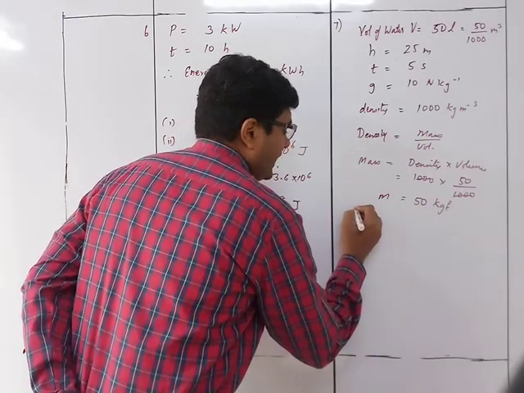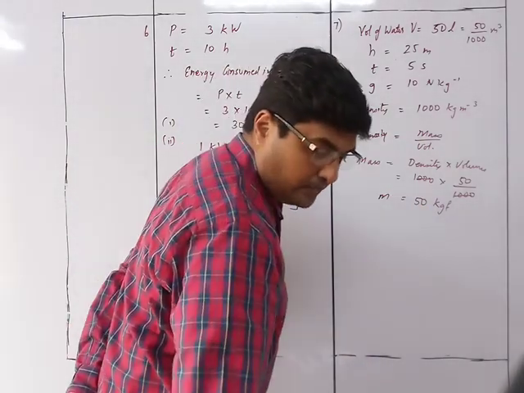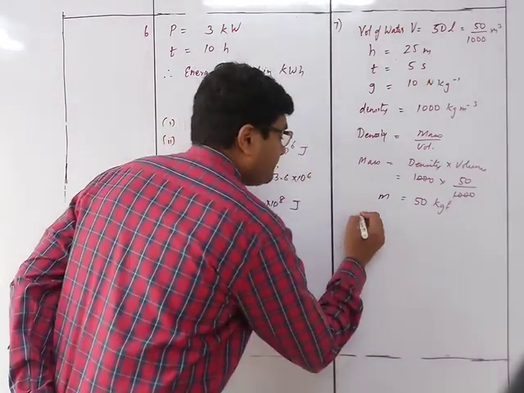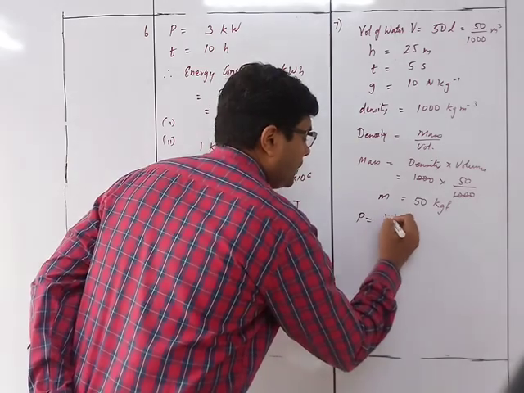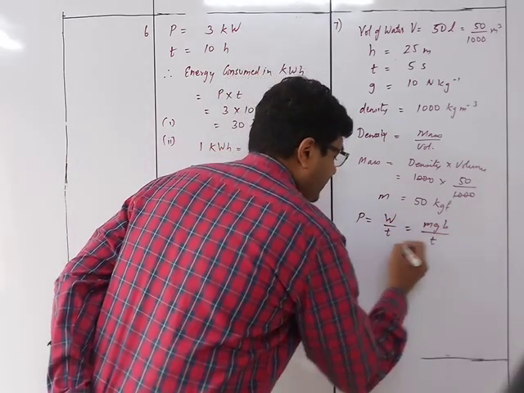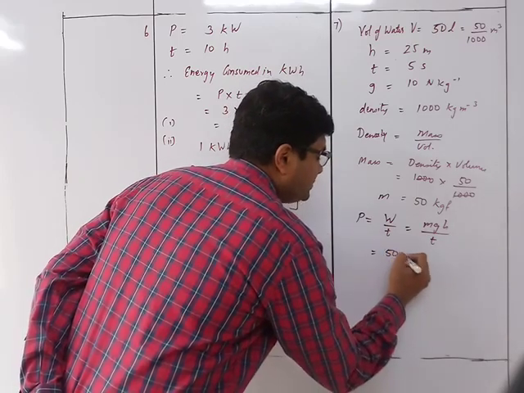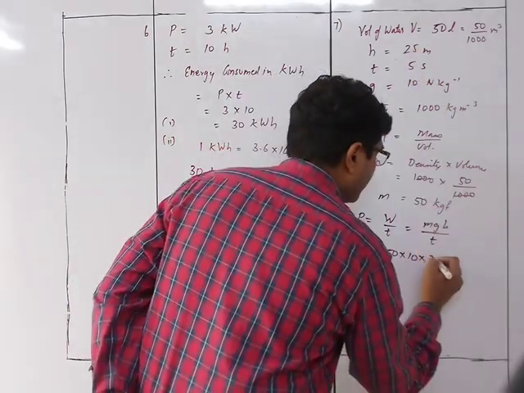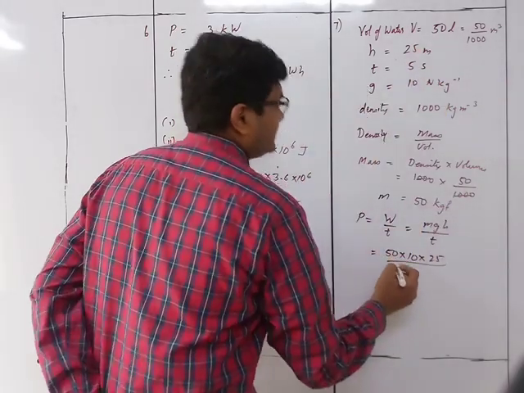What is the question? They asked us the power. So power is equal to W upon T, which is nothing but mgh upon T. So m is 50, g is 10, and h is 25, upon time, which is 5 seconds.